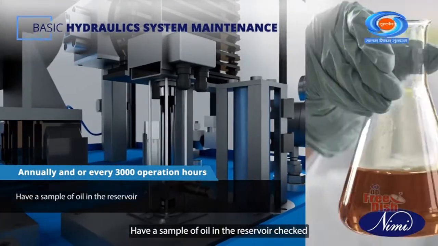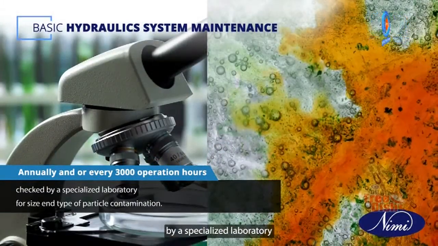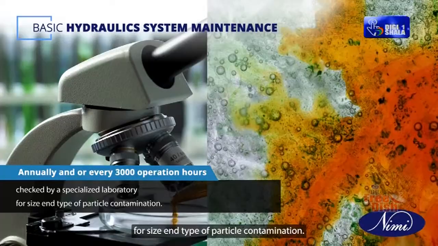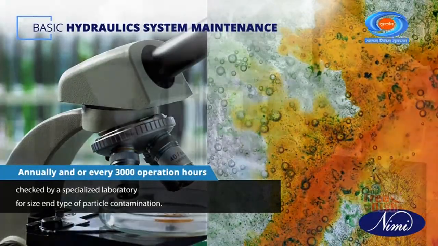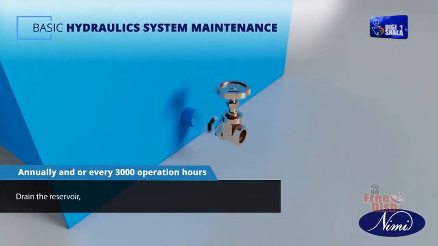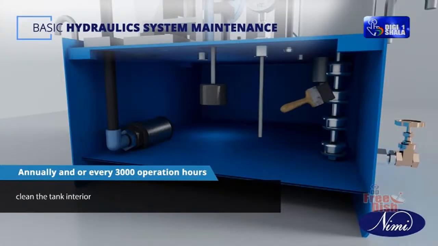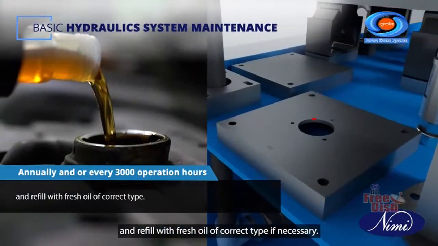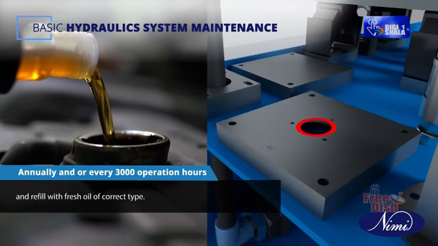Have a sample of oil in the reservoir checked by a specialized laboratory for size and type of particle contamination. Drain the reservoir if recommended. Clean the tank interior and refill with fresh oil of correct type if necessary.